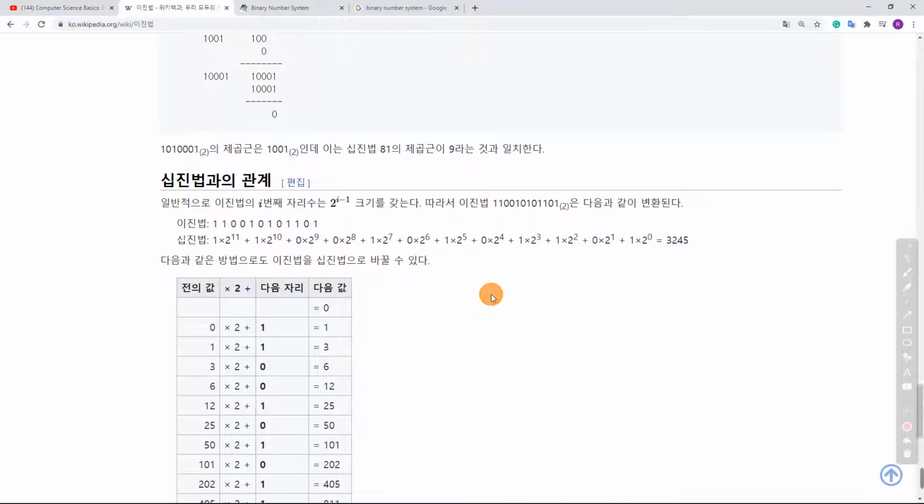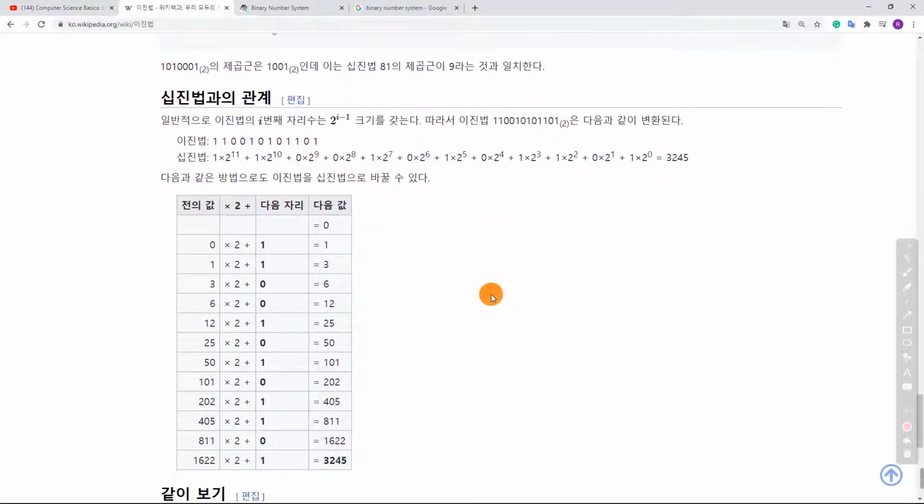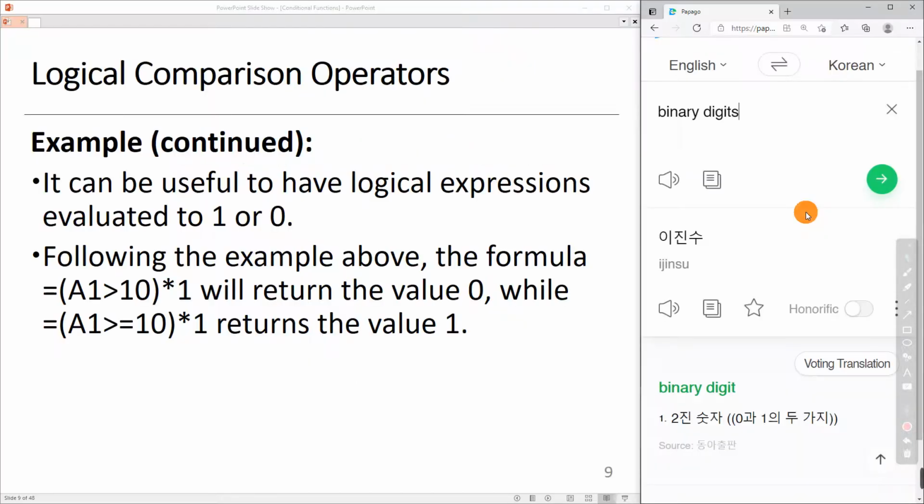This system is very useful if you want to implement it on computers. Computers can understand it very, very well. So how in Microsoft Excel can we return 1 and 0 instead of returning true and false? We will use a very interesting trick.